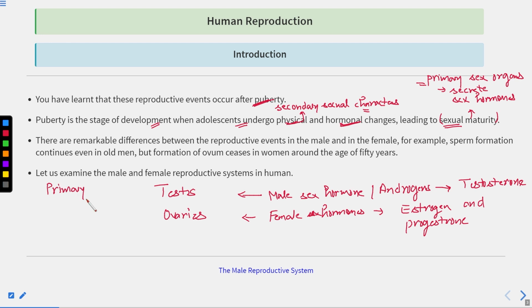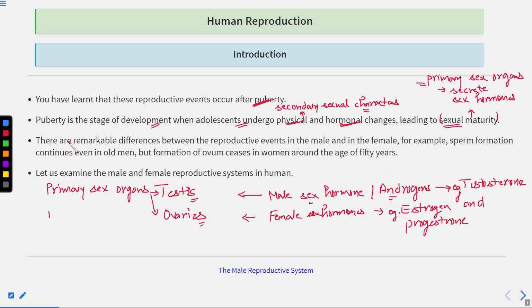Apart from the primary sex organs, humans also have the secondary sex organs or accessory sex organs. Clear? In males, you have the testes. In females, you have the ovaries. Testes will secrete the male sex hormones known as the androgens. Example is testosterone, and the ovaries will produce the female sex hormones. Examples are estrogen and progesterone.